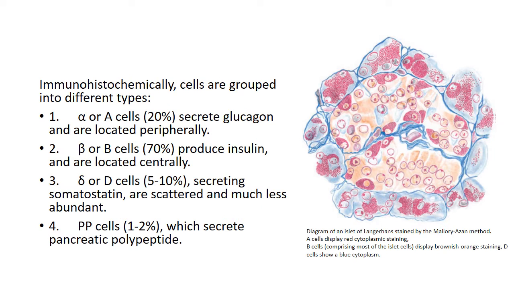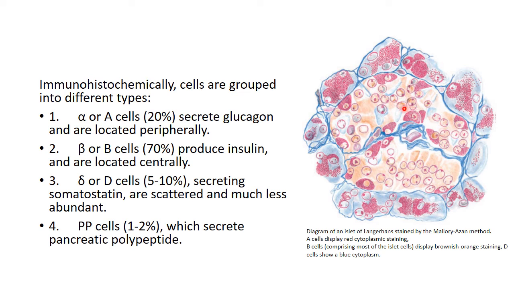Immunohistochemically, a special type of staining divided the cells within the pancreatic islets into 4 groups. The most common are beta cells, which form 70% of the islets, and they are concentrated in the center of the islets.